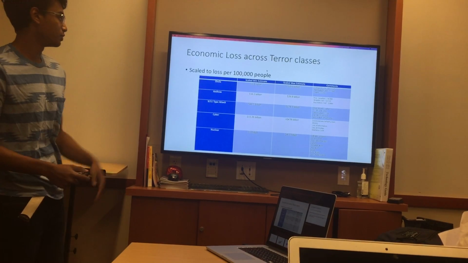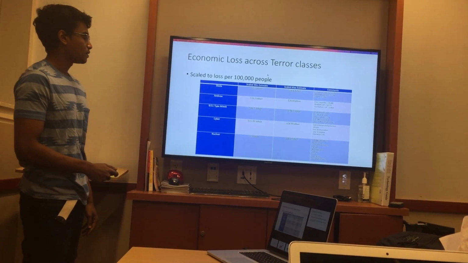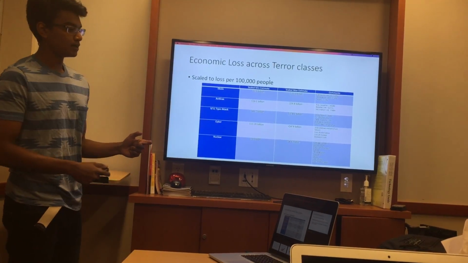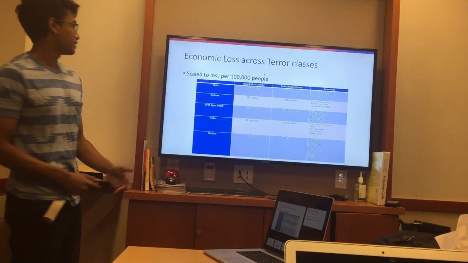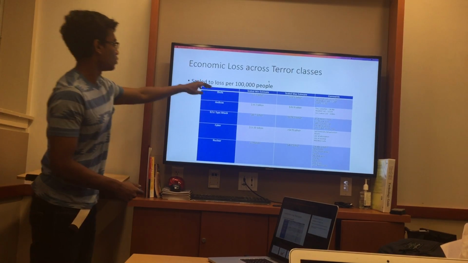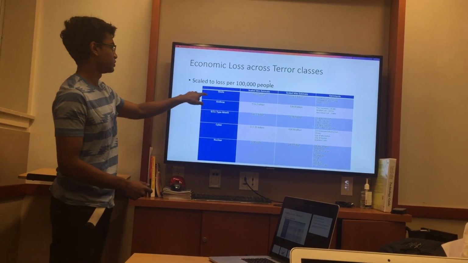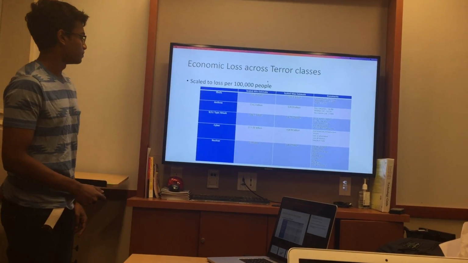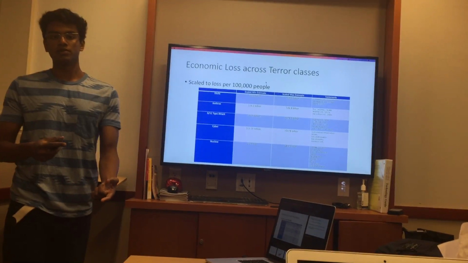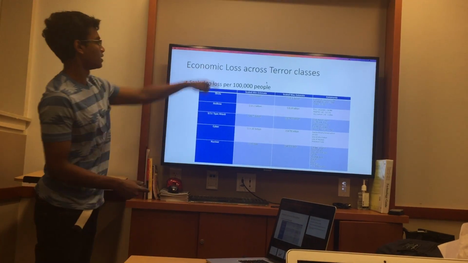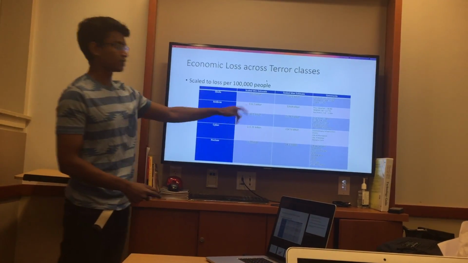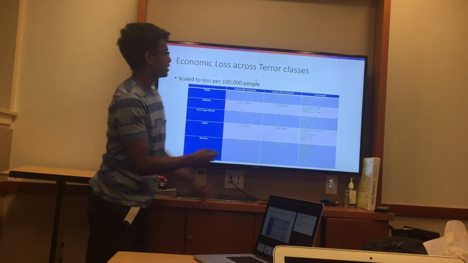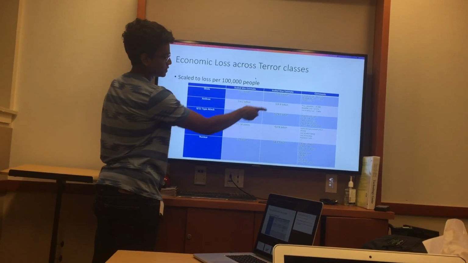So I've looked through those, and then basically I added them up and aggregated it. But to scale it so that it's comparable between Ebola, anthrax, 9/11 type attack, cybersecurity, and nuclear, because the amount of people affected is always different, I scaled it to 100,000 so that now we can compare the cost over each of these types of attacks. And over here, you can actually see some of the statistics that I was analyzing.